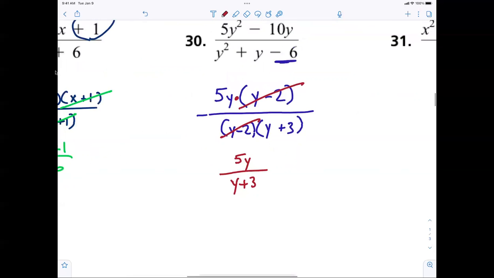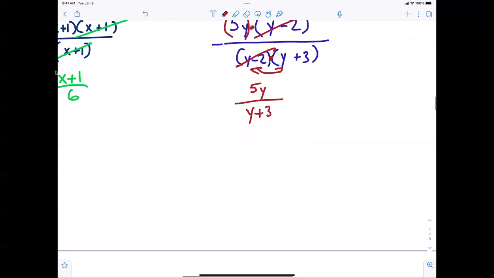These two things are bounded by what? Multiplication. I can cross out things bounded by multiplication. This y and the 3 are bounded by what? Addition. Can you cross out through addition? No, you cannot. You can only cross out through multiplication and division.